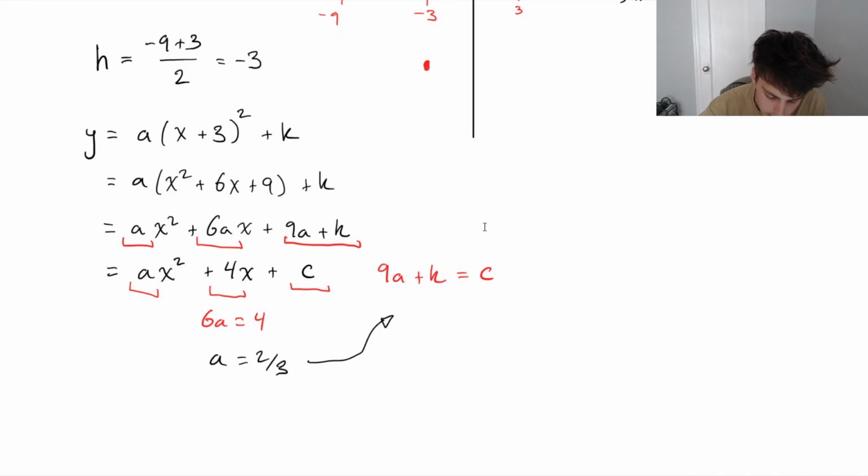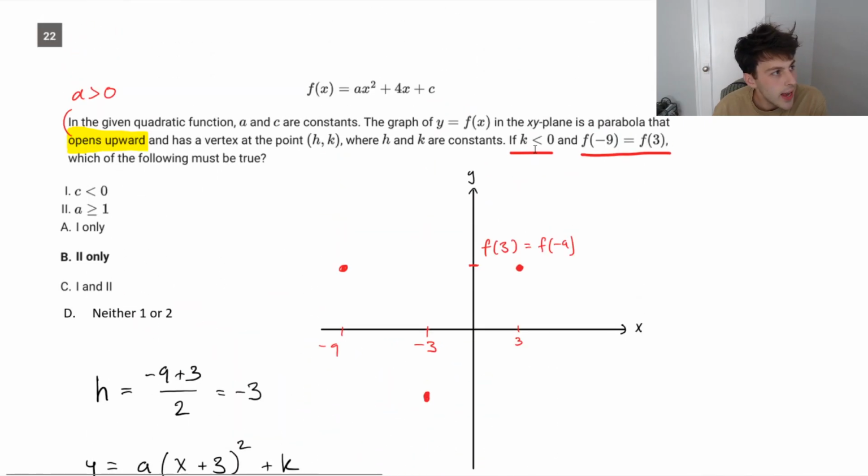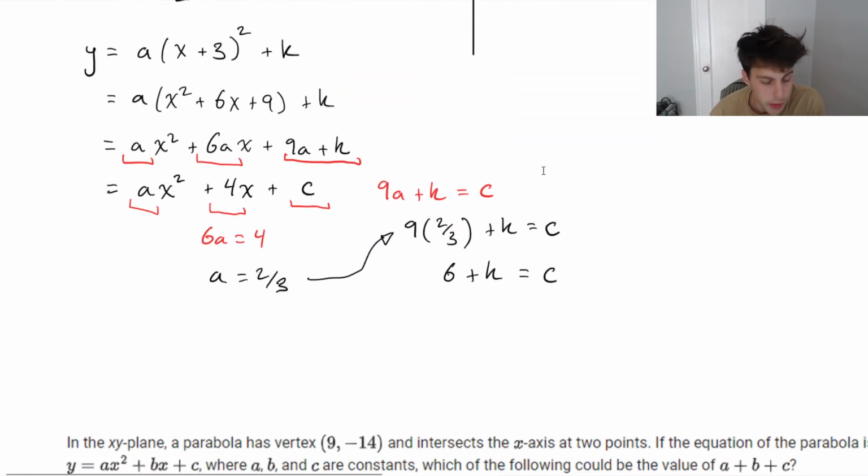Or, well, we can plug this in at least and simplify. 9 times 2/3 plus k equals c. This is going to give us 6 plus k is equal to c, right? And then it also says in the question, if k is less than 0, then what has to be true?